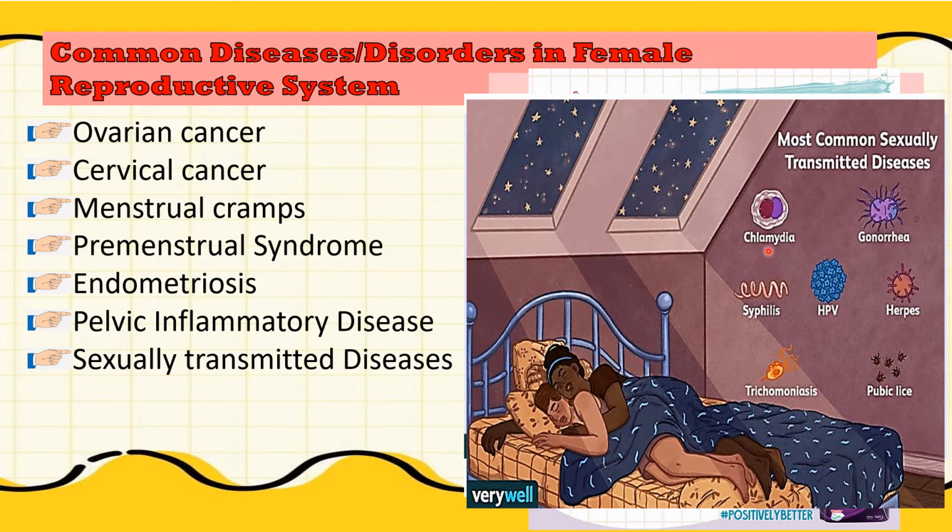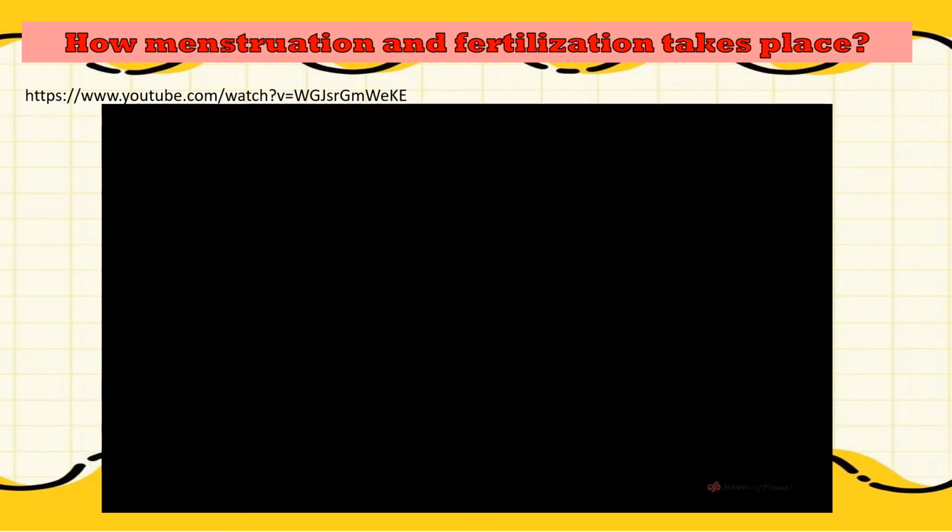We have chlamydia, gonorrhea, syphilis, HPV, herpes, trichomoniasis, and pubic lice. Sometimes this leads to the development of HIV or AIDS. Now let's look into how menstruation and fertilization take place. Let's watch this video presentation.